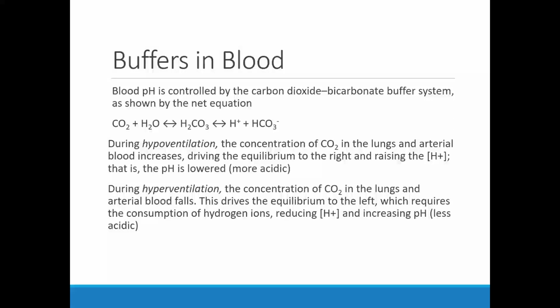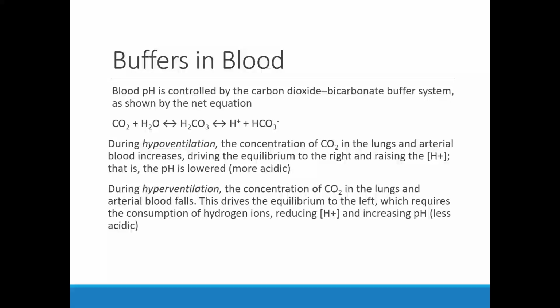One of the main ones I'm going to focus on is buffering in blood. The blood pH is controlled by the amount of carbon dioxide and bicarbonate in our blood buffering system. And this is called the carbon dioxide bicarbonate buffer system. It can be shown in this equation.